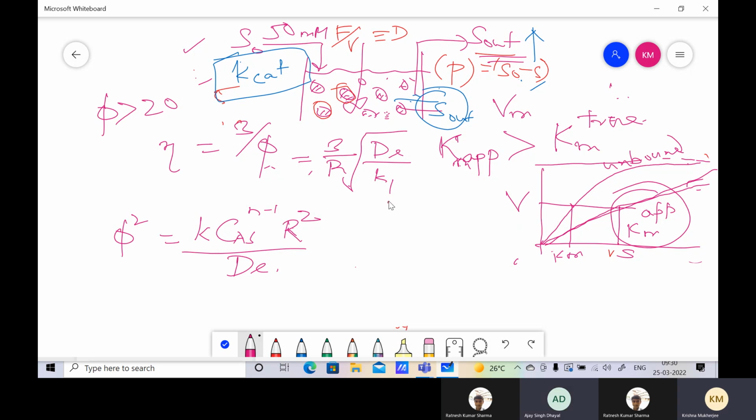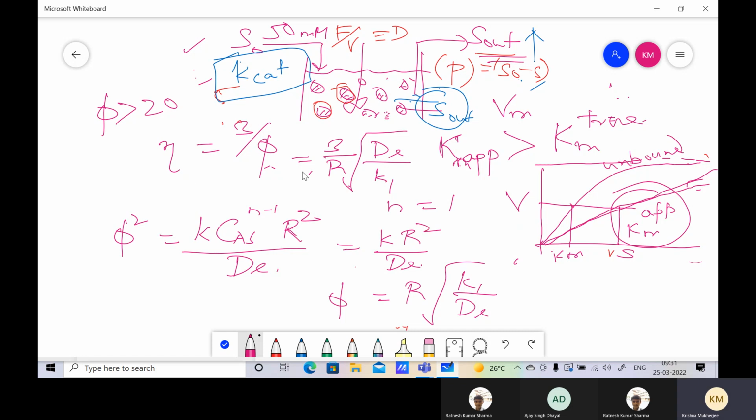Do you remember this expression? You should remember this. So for n equal to 1, this CAS will disappear. Okay? So K R square upon D, so phi becomes R root K1 by D, when K1 is the first order reaction constant.